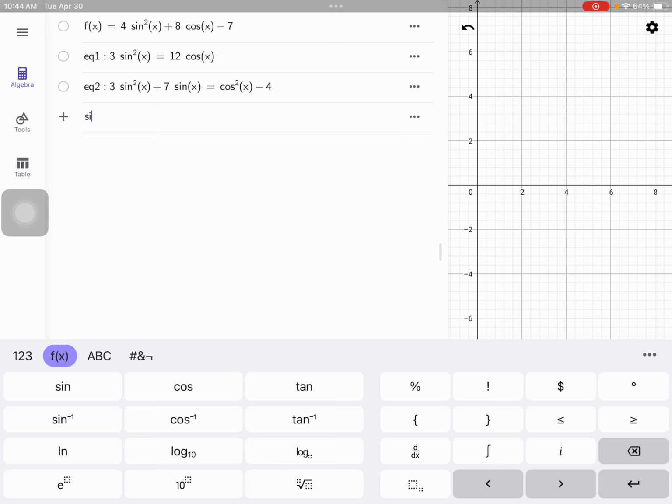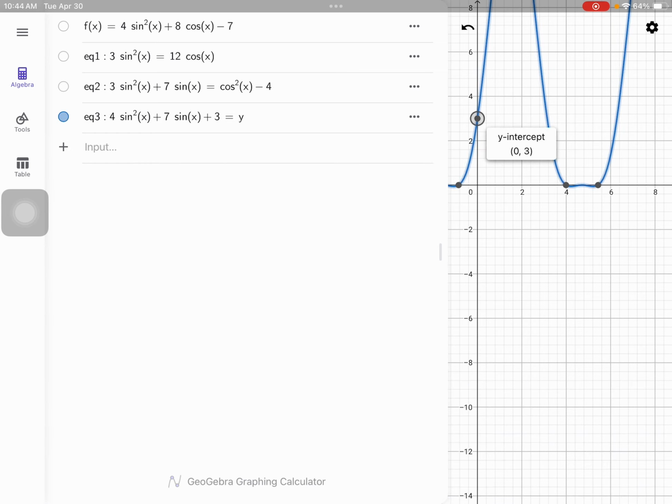Let's try 4 sine squared x plus 7 sine x plus 3 equals y. And there we are, 0, 3. Those are our roots.